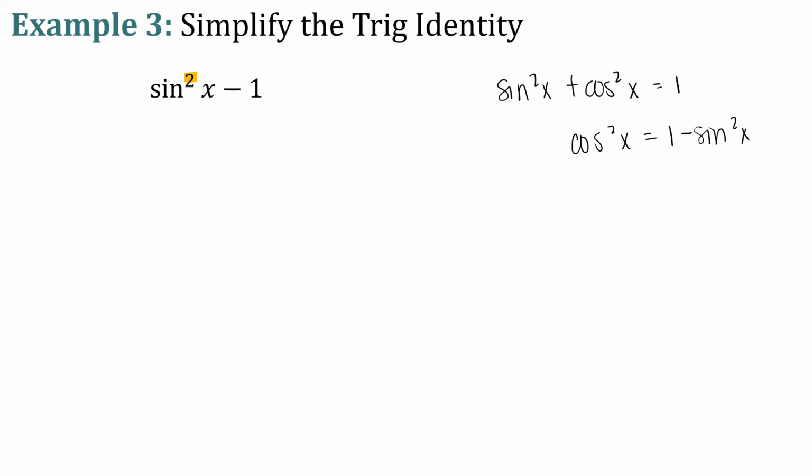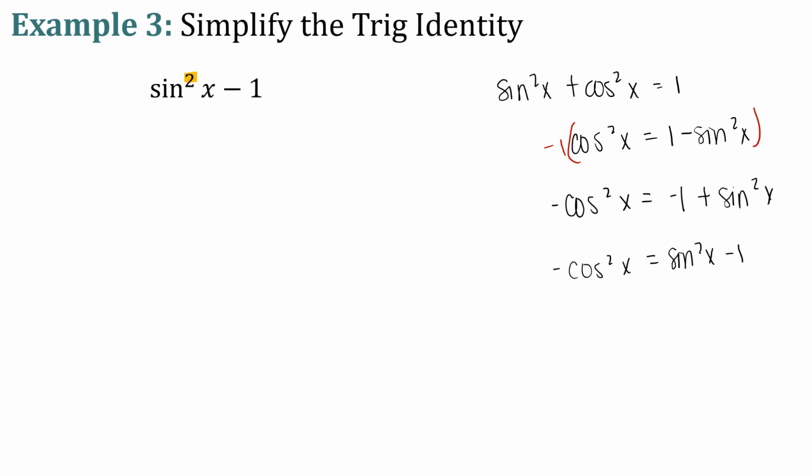So how about I multiply this entire thing by negative 1? So now I have negative cosine squared x equals negative 1 plus sine squared x, which I know I can also write as sine squared x minus 1.